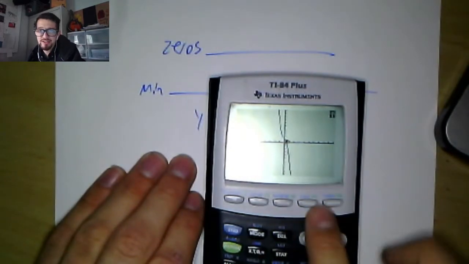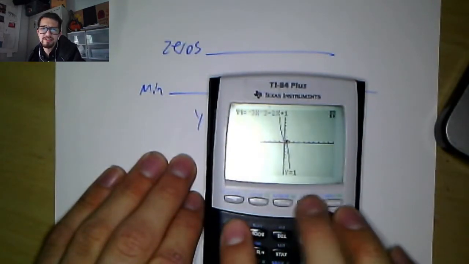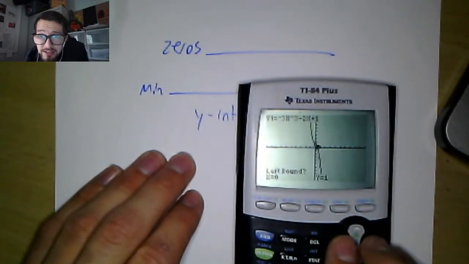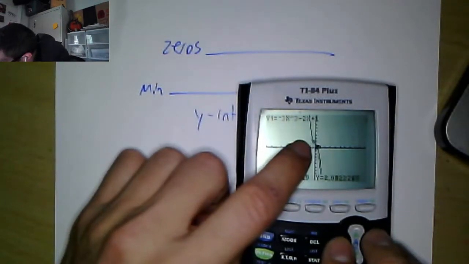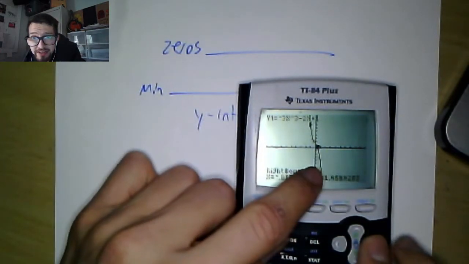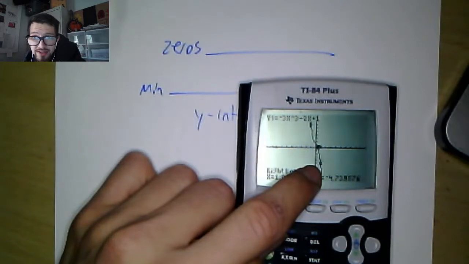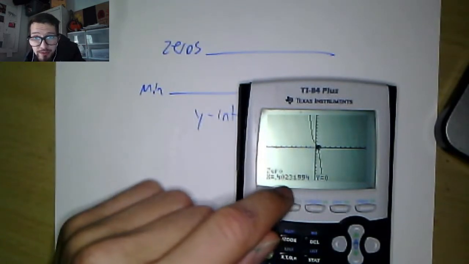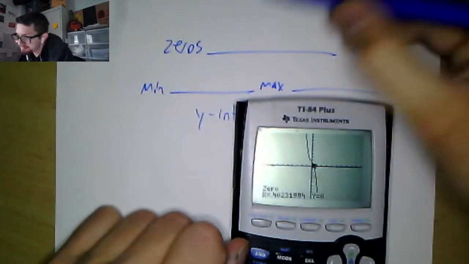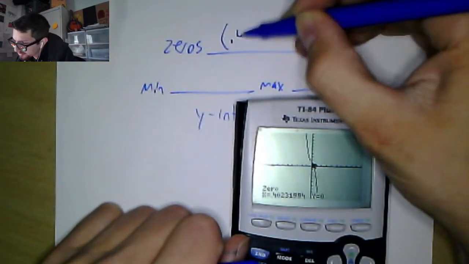So I'll go second trace, 2 for zero. Now I need to make sure my little x cursor is to the left of that dot, hit enter. Now I need to make sure it goes to the right of that dot, and hit enter twice, and it should give me my exact point, which at this point is 0.40.